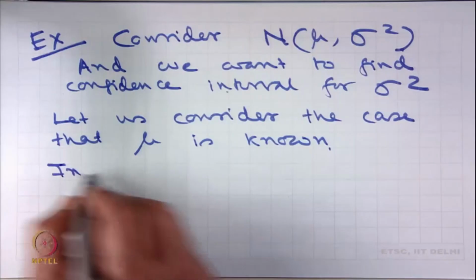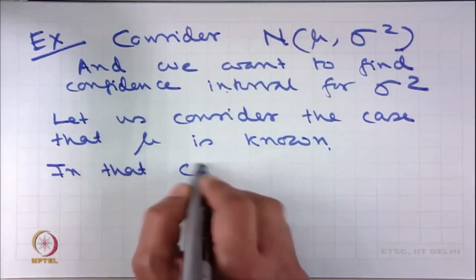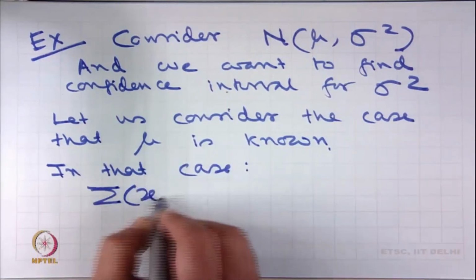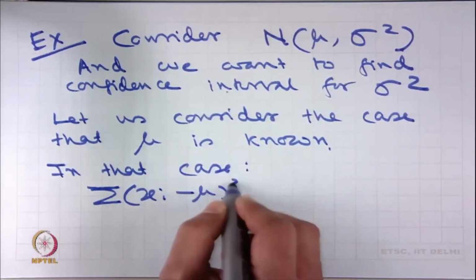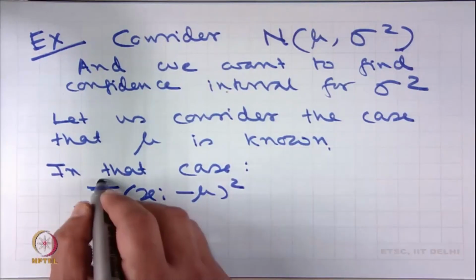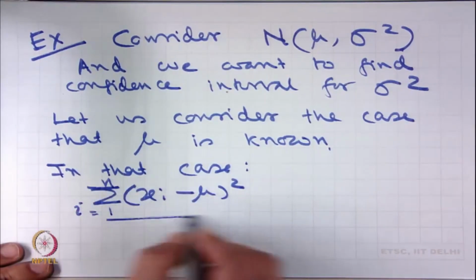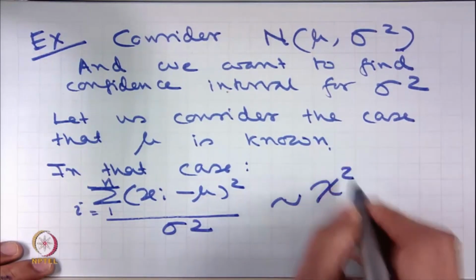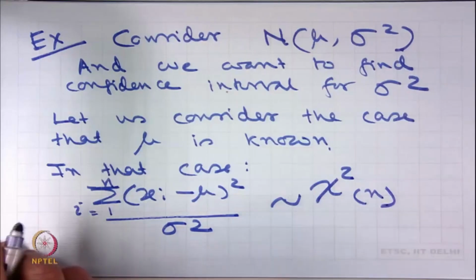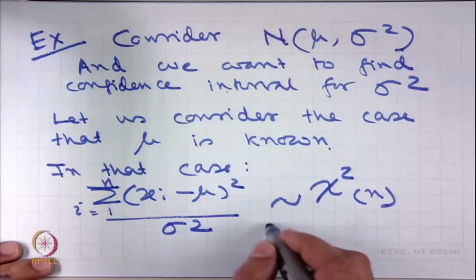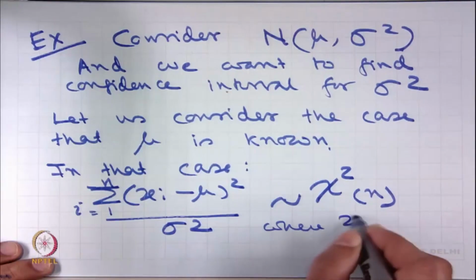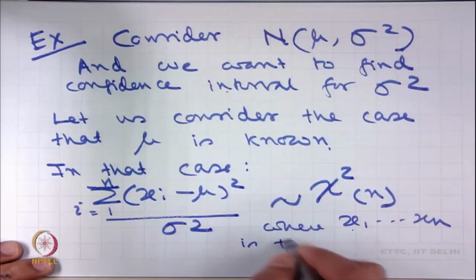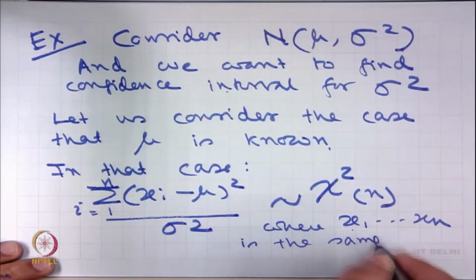In that case, sigma of (xi minus mu) whole square, i equal to 1 to n, divided by sigma square, we know, is a chi-square with n degrees of freedom, where x1, x2, ..., xn is the sample obtained.